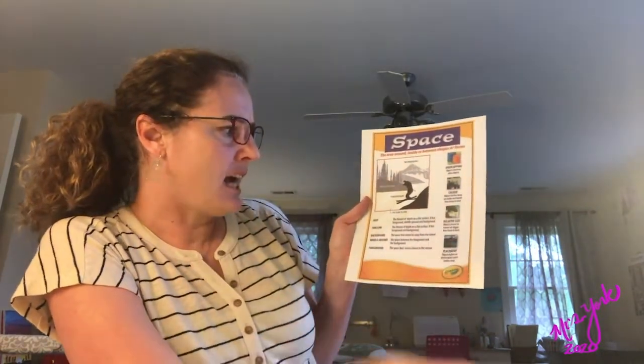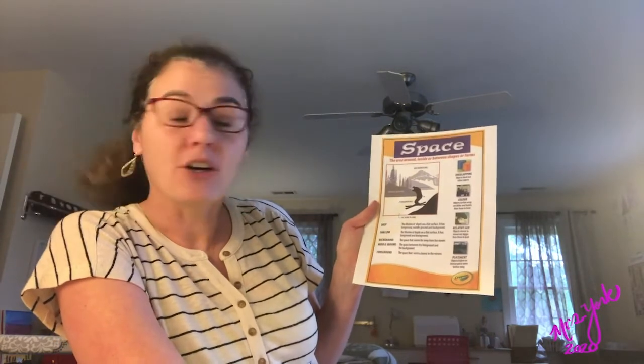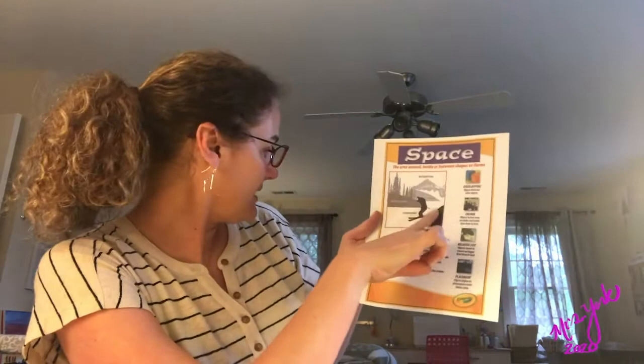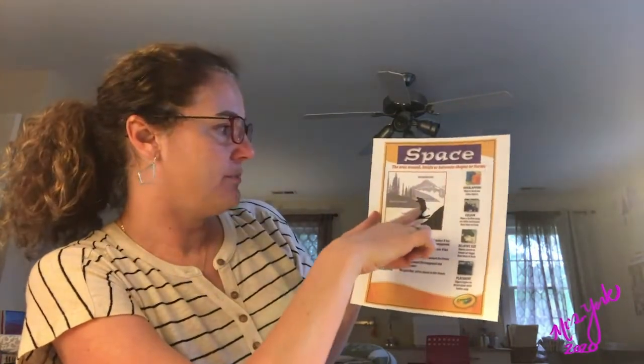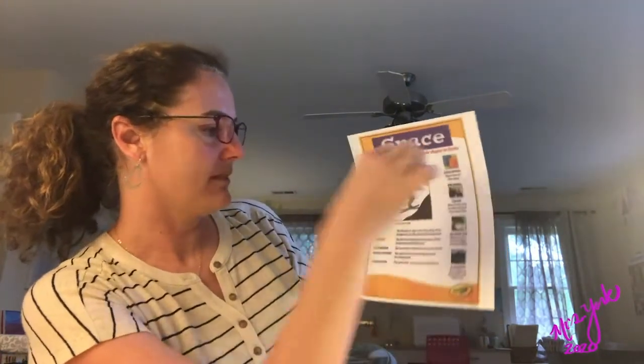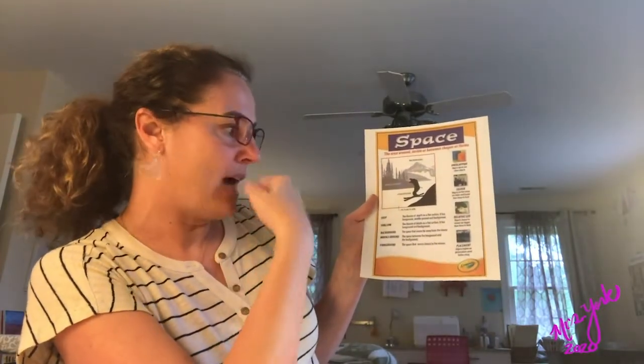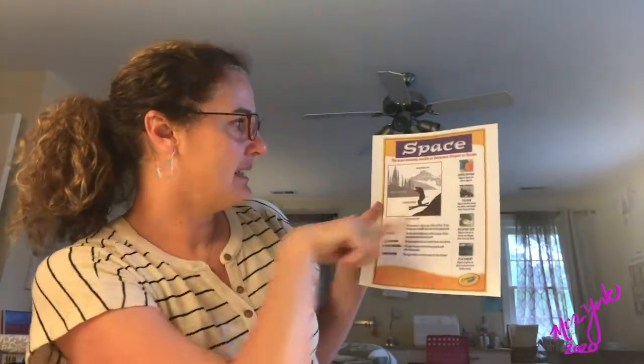Relative size: objects closest to the viewer are bigger than those in the back. See how this skier is bigger? He's almost as big as this mountain, but we know that's not real life. Placement: objects higher on the picture plane seem further away. So we focused on that.